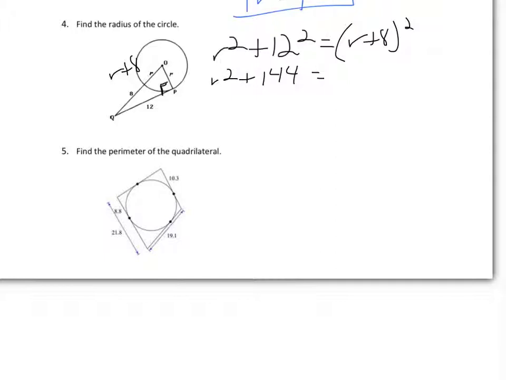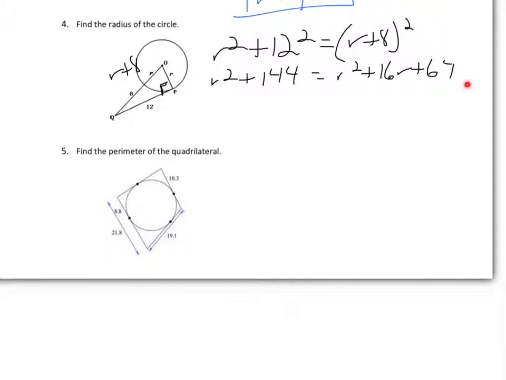So when you FOIL that out, we've got r squared plus 16r plus 64. Remember that the squared means you just have to multiply this by itself. So r plus 8 times r plus 8, you'd write as a product of binomials, and you FOIL that out to get r squared plus 16r plus 64.